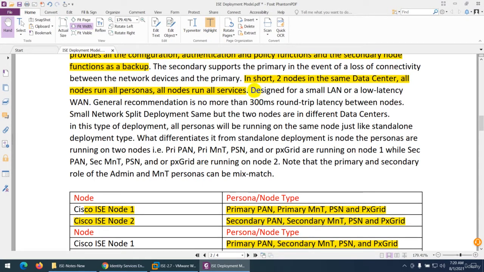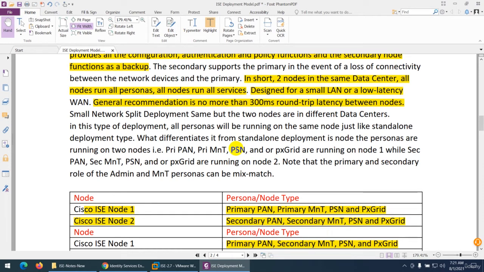This type of deployment is designed for a small LAN and low latency. Generally, the recommendation is not more than 300 millisecond round trip latency between the nodes. Nowadays we deploy them on WAN, what is called SD-WAN, so the latency should be not more than 300 milliseconds.